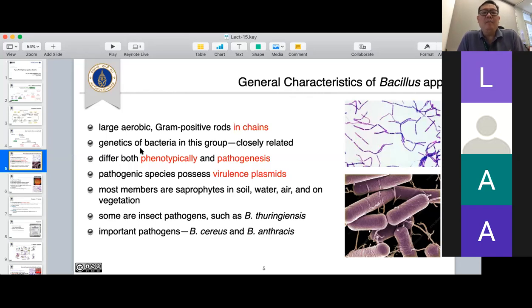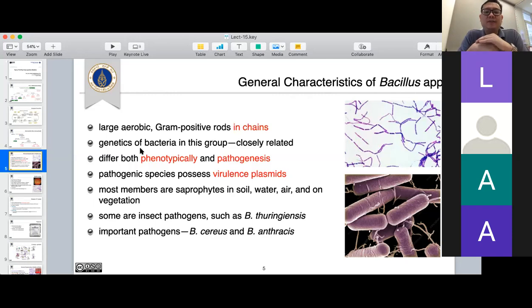Some species of Bacillus are insect pathogens, for example, Bacillus thuringiensis. Let me talk about Bacillus thuringiensis a little bit. Actually, this Bacillus does not attack humans, okay? But they attack insects. Most insects can be infected by Bacillus.